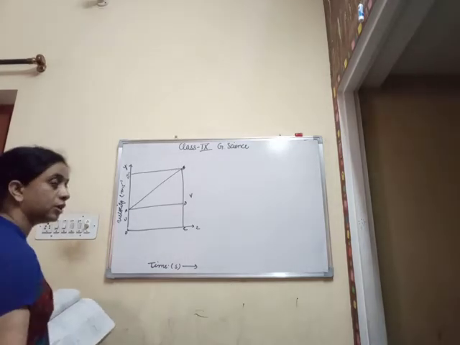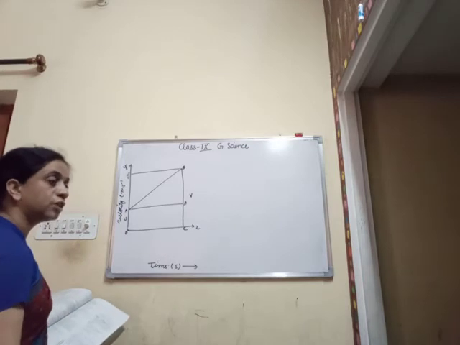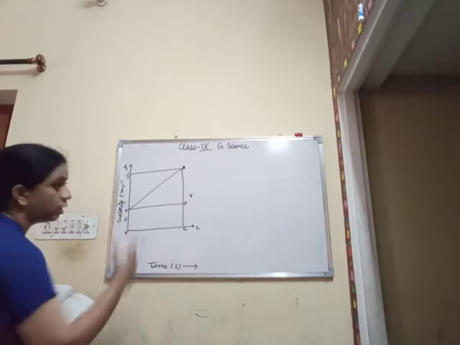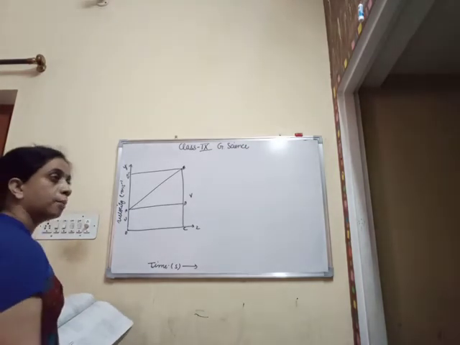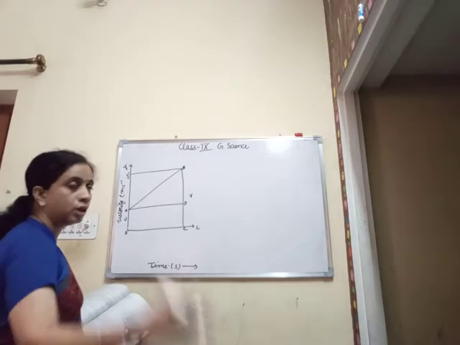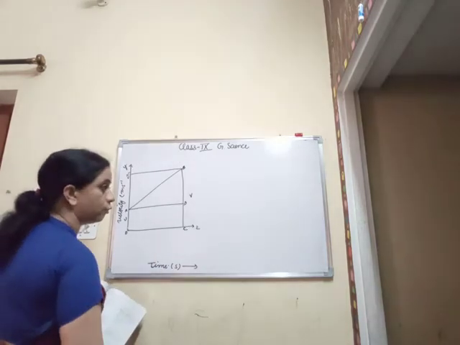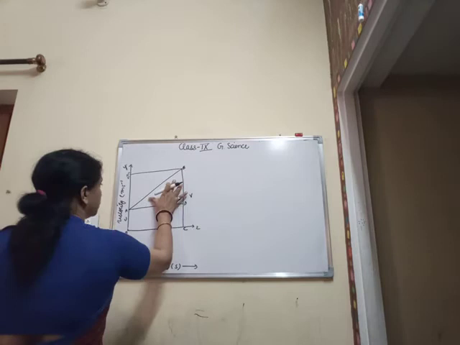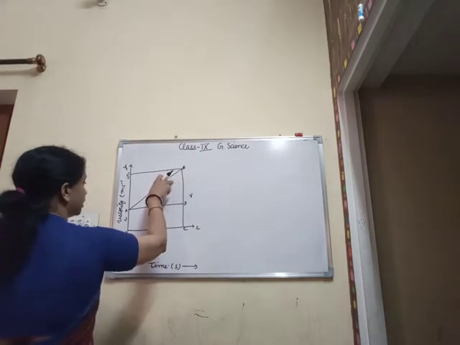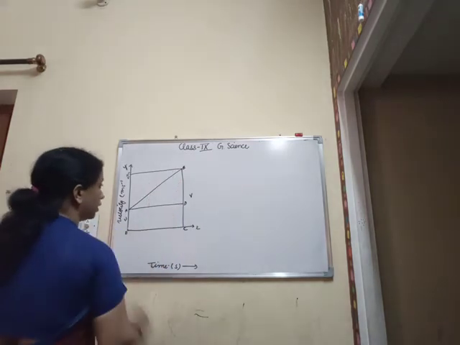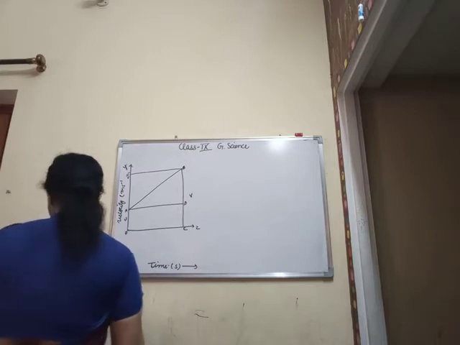What is acceleration? Acceleration represents the rate of change of velocity. So here since the velocity is changing by a uniform rate, therefore here what we can say is that the change in acceleration is represented by the uniform velocities.